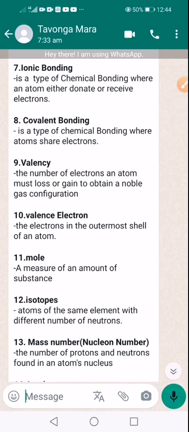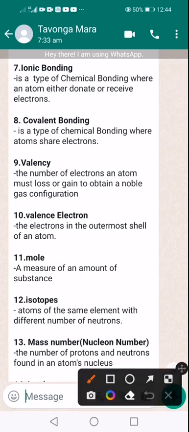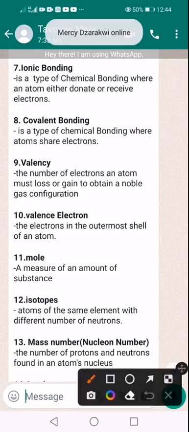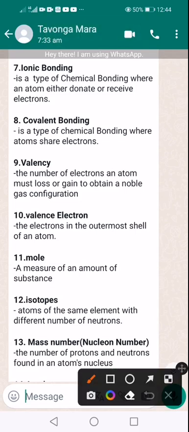Then we talk about valence. What is valence? When we are talking about valence, we are talking about the number of electrons an atom must lose or gain to obtain a noble gas configuration. When we are talking about a noble gas configuration, in other words, we are saying inamba yema electrons inofaniwa kugainwa kana kuluzwa ne atom kuti ive stable kana kuti iforme chemical bonding.